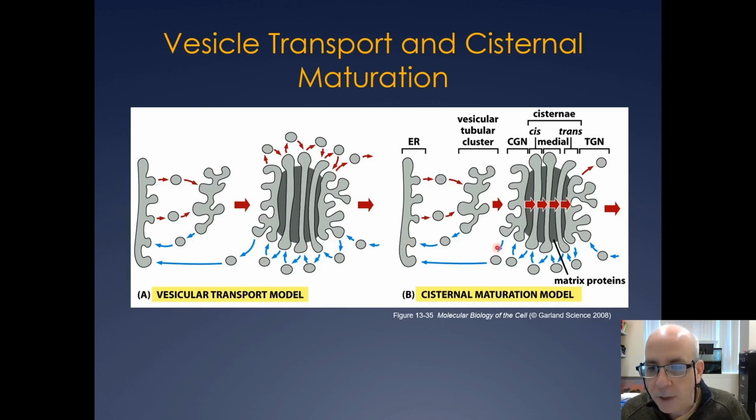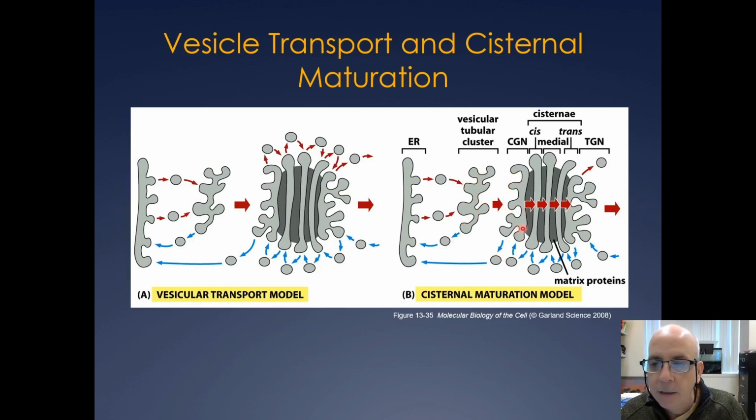Now, the cisternal maturation model is a bit different, and it's more like an assembly line, okay? What it says is you get vesicles budding off of the ER, these fuse to form the vesicular tubular clusters, and then retrieval alone will make this vesicular tubular cluster look more like the cis-Golgi network, okay?